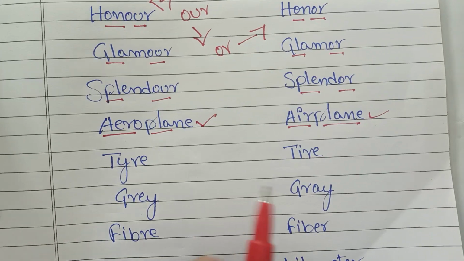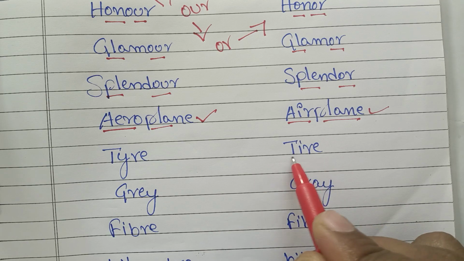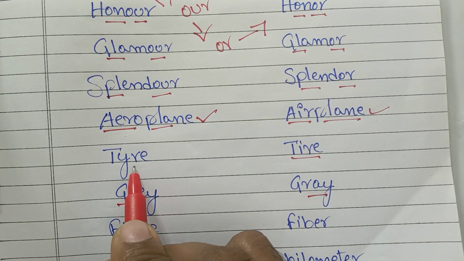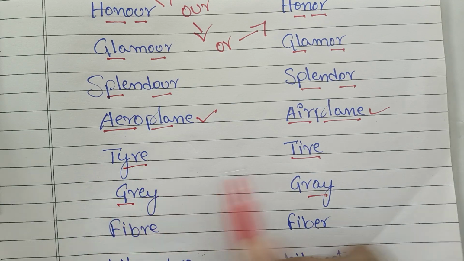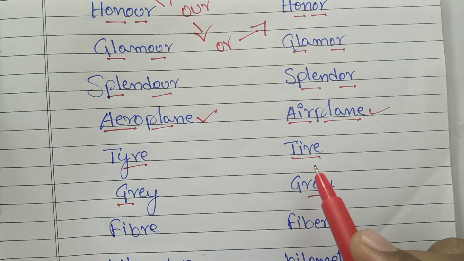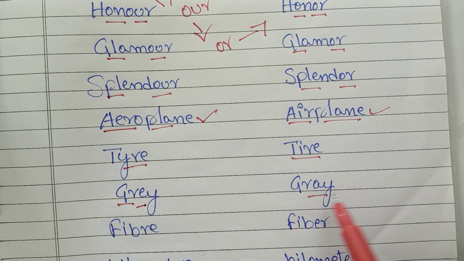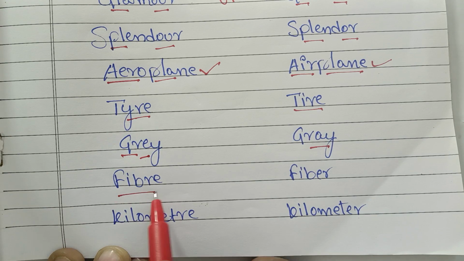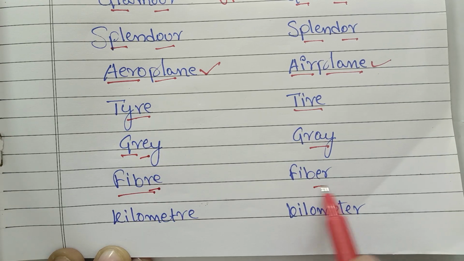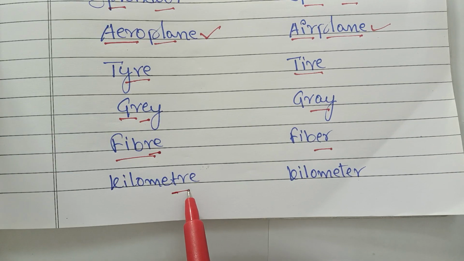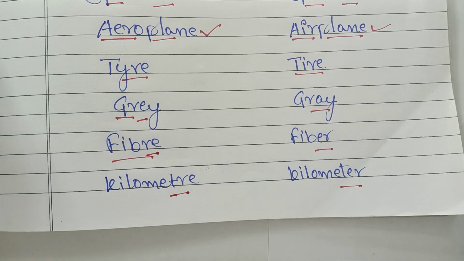Same thing like tyre, tire; grey, gray. So TYRE is British, TIRE American, and we use GREY in British and GRAY in American. Then fibre ends with RE and kilometre with TRE, and in American it will be TER.